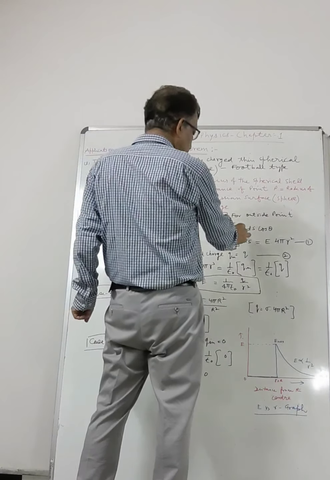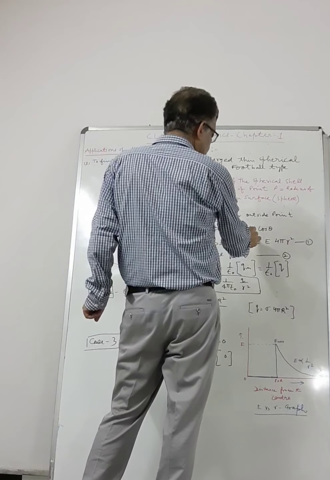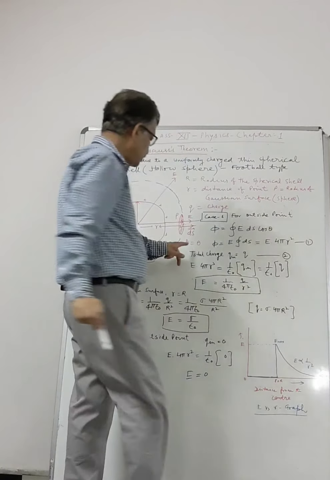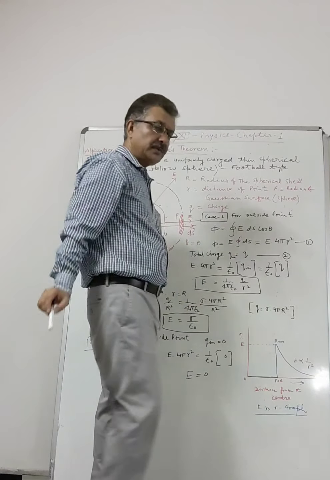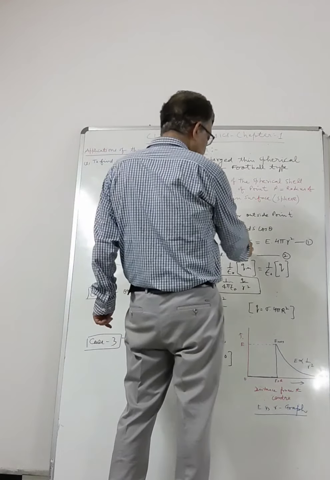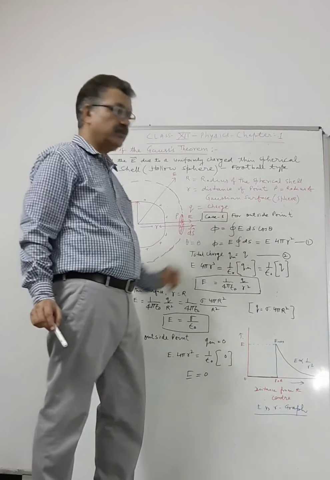So E will come out being a constant, and ds cos 0 is 1, so it will be the closed integral of ds.